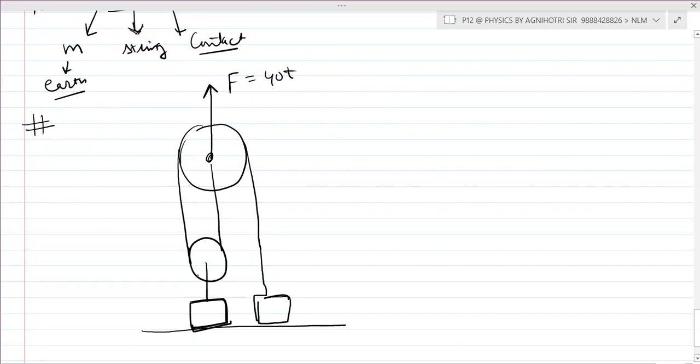Now, my question to you is, you have drawn all this stuff. This block is A, this block is B, and there you have drawn the pulleys, which are massless and inextensible.